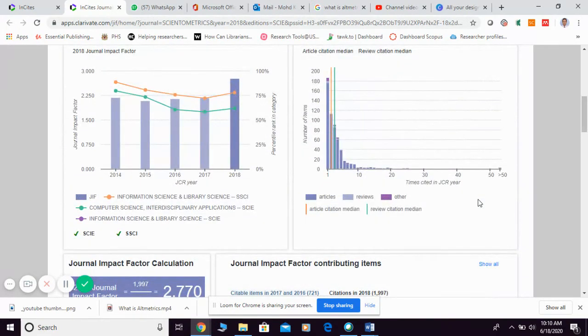But bear in mind, because immediacy index is a per article average, the immediacy index tends to discount the advantage of large journals over small ones. However, frequently issued journals may have an advantage because an article published early in the year has a better chance of being cited than one published later in the same year.